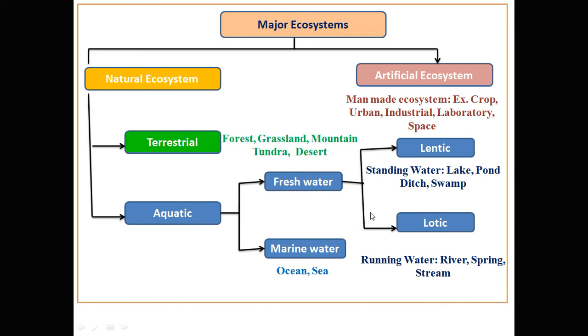Freshwater is further classified into lentic water bodies, that is standing water bodies, which include lakes, ponds, ditch, swamp, and lotic water bodies, which include running water, river, spring, and streams. Terrestrial ecosystem is further classified into forest, grassland, mountain, tundra, desert.